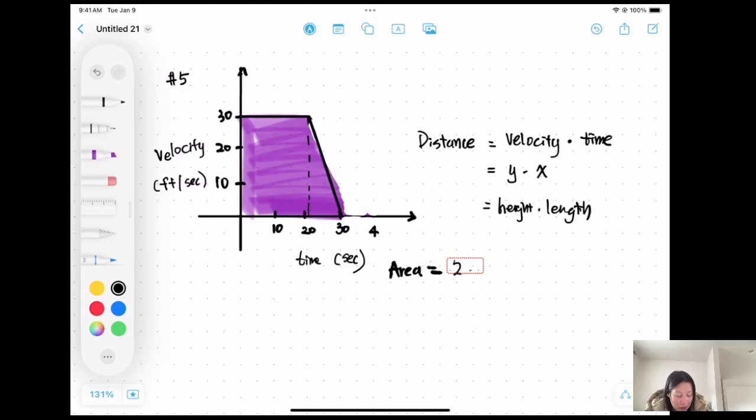So I have a rectangle, which is the bottom times the height, which is 20 times 30, add a little small triangle, which is half of the bottom, which is 30 minus 20 gives you a 10, times the height. So I have 600 plus 150. So the total travel distance is 750 feet.